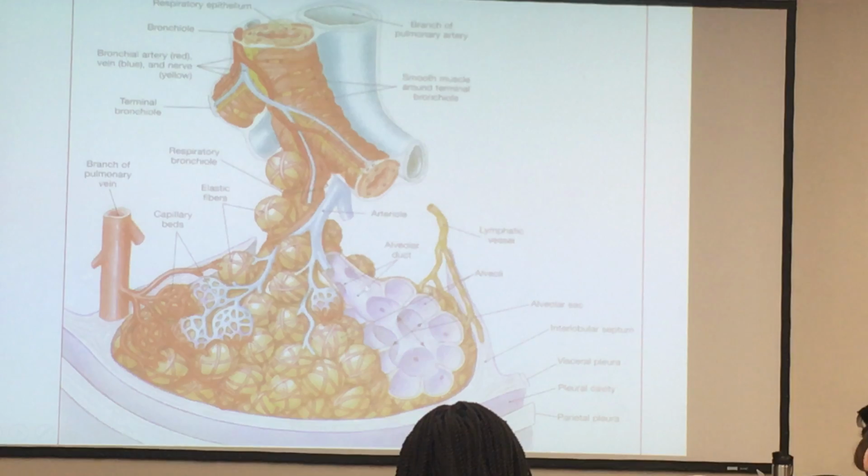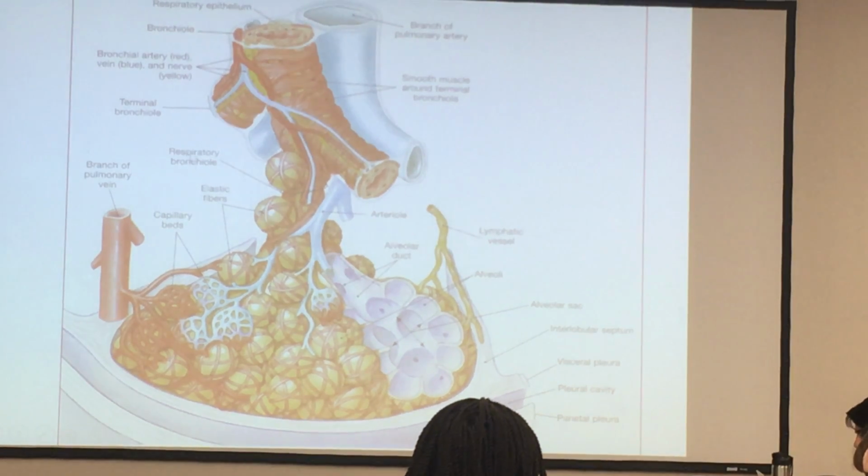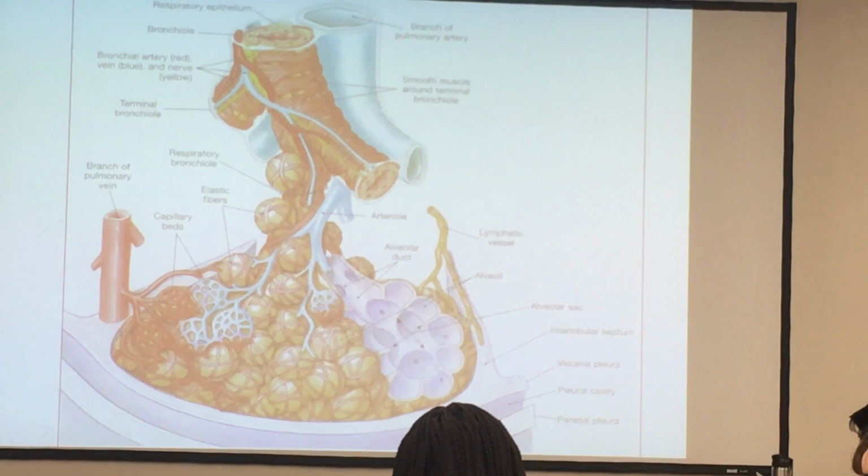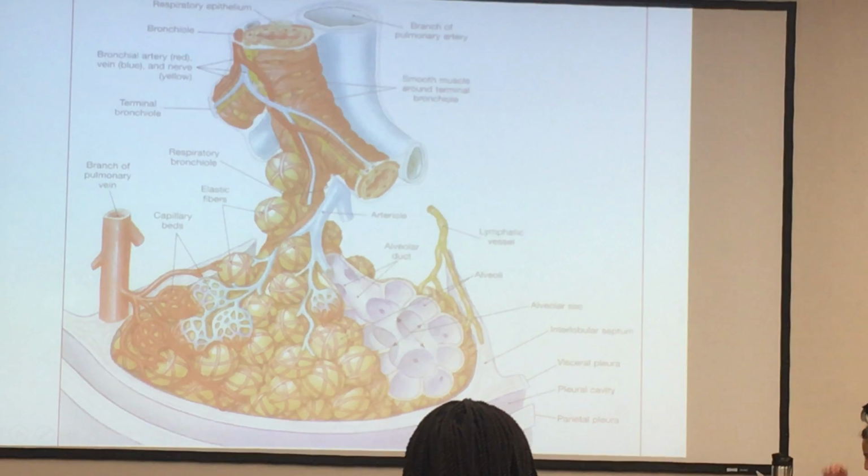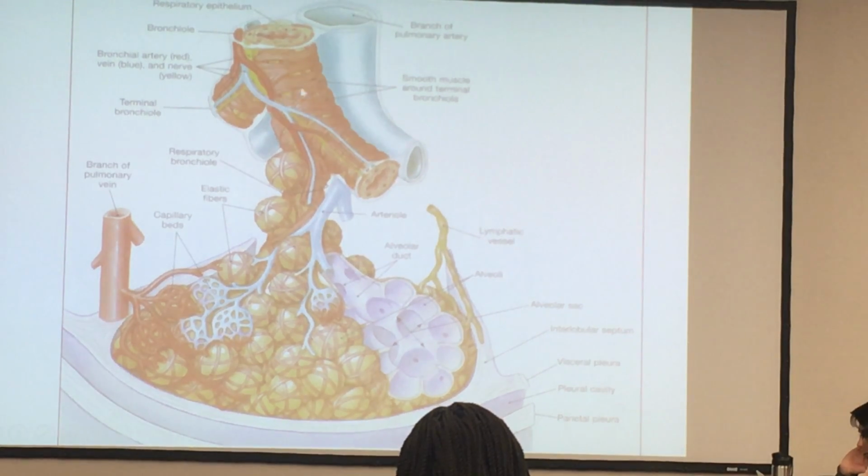The alveolar duct will connect to the respiratory bronchioles, the small ones here, and then the terminal bronchioles have some smooth muscle. Air cannot exchange with the blood capillary there, only in a very tiny part here. This one is not shown very well.